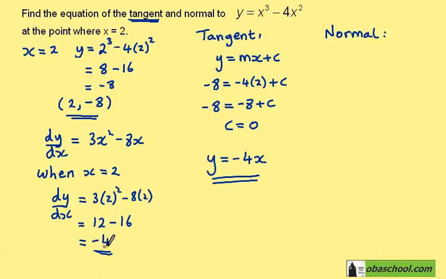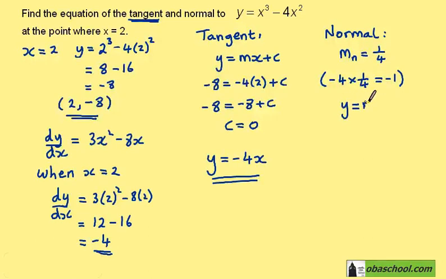Since the gradient of the tangent is minus 4, the gradient of the normal must be a quarter. The reason for this is that if we do minus 4 times a quarter, we get minus 1, and we know that if we multiply together the gradients of two lines and get minus 1, the two lines are perpendicular.